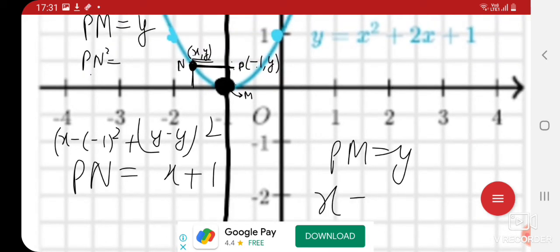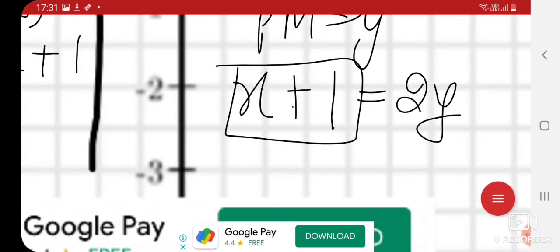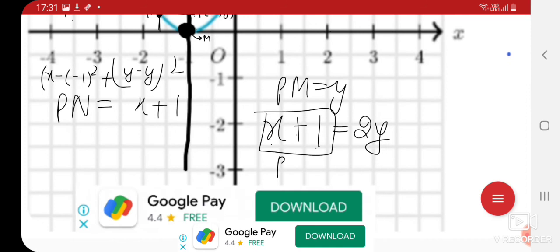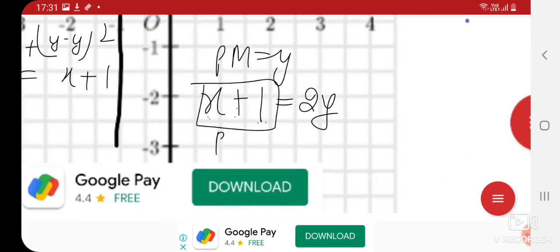So what you get is x plus 1 equals 2y, right? Why? Because this x plus 1 is our PN, and PN is equal to twice of PM, and this PM is y, so you have just put 2 here, right? Is it clear up to this?